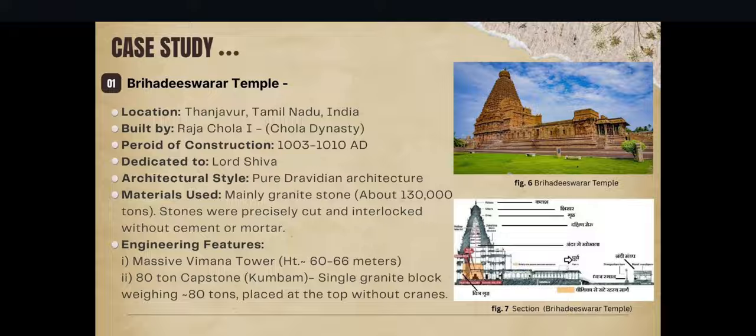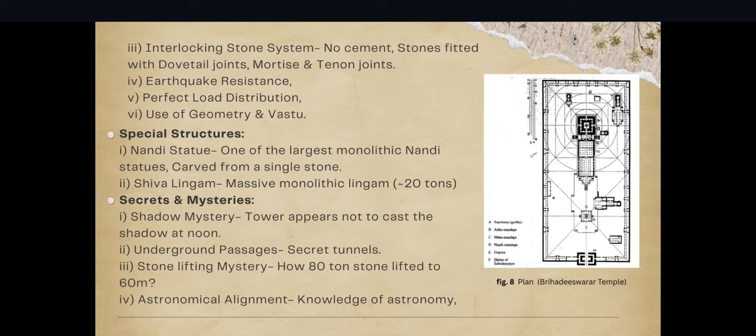Material used is mainly granite stone, about 130,000 tons. Stones were precisely cut and interlocked without cement or mortar. Engineering features: a massive pyramidal tower of 60 to 66 meter height, 80 ton capstone kumbam, interlocking stone system with dowel joints, earthquake resistance, perfect load distribution, use of geometry and vastu.